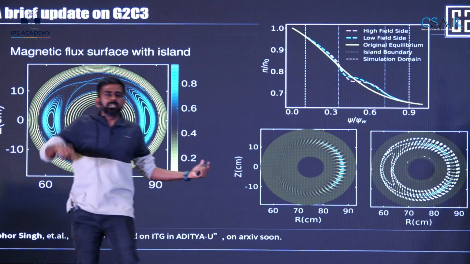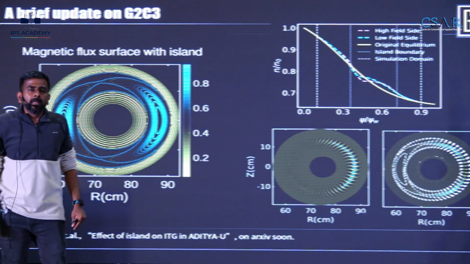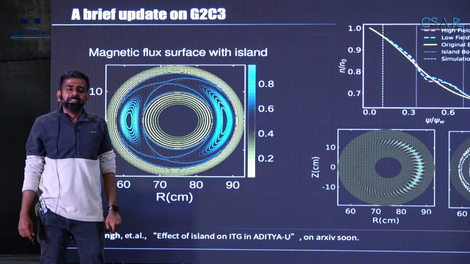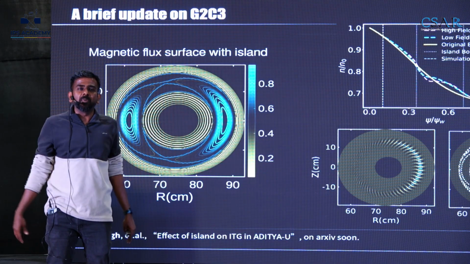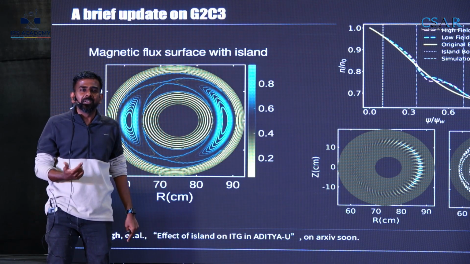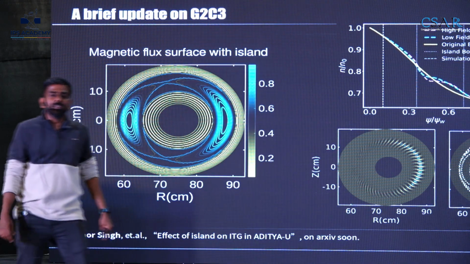Right, 6 centimeters. This is island 2-1, which is having a width of almost 6 centimeters. That's what was given to us. I suppose you have a better idea about the measurement.